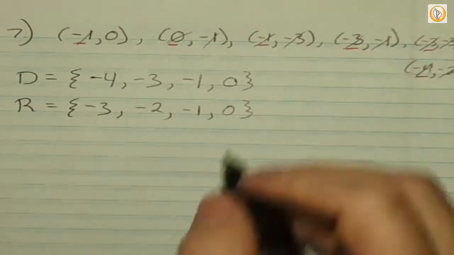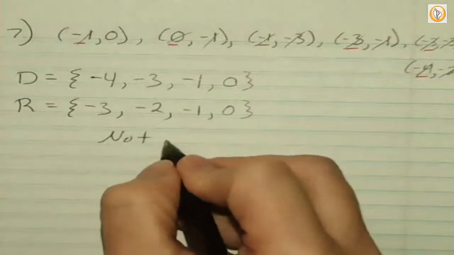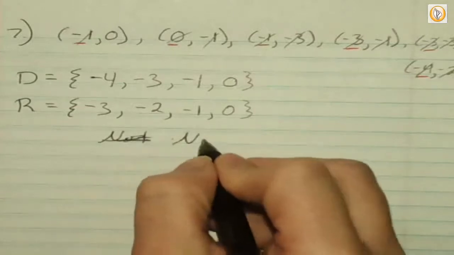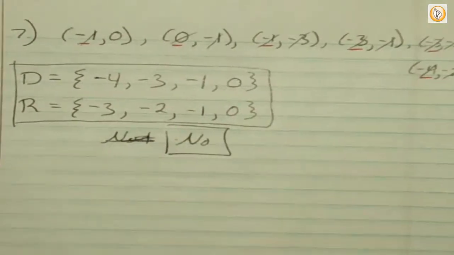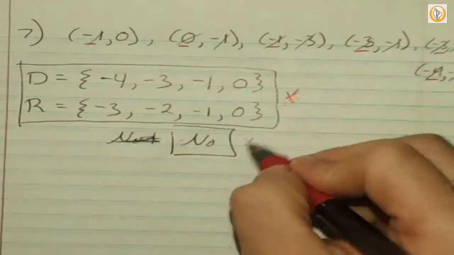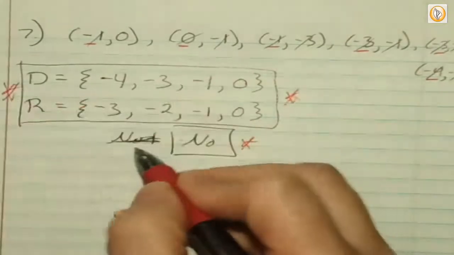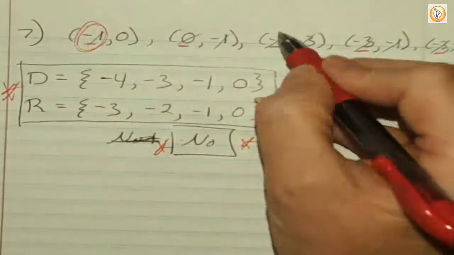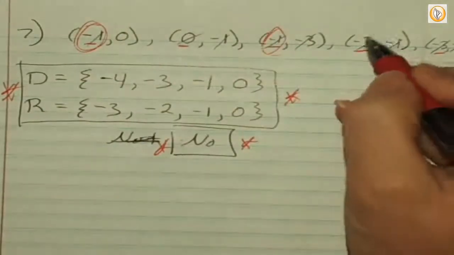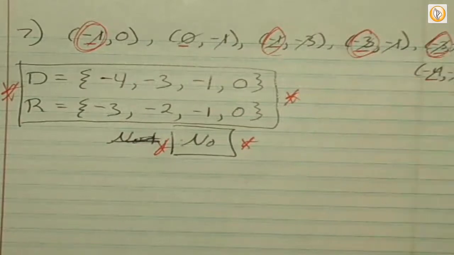No. So I can just say no. So this is your answer, and this is your answer. Be careful with that because they're asking for several things. And it is not a function because right here I have a -1 and -1 in x, and I have a -3 and a -3 in x. Therefore, it is not a function.